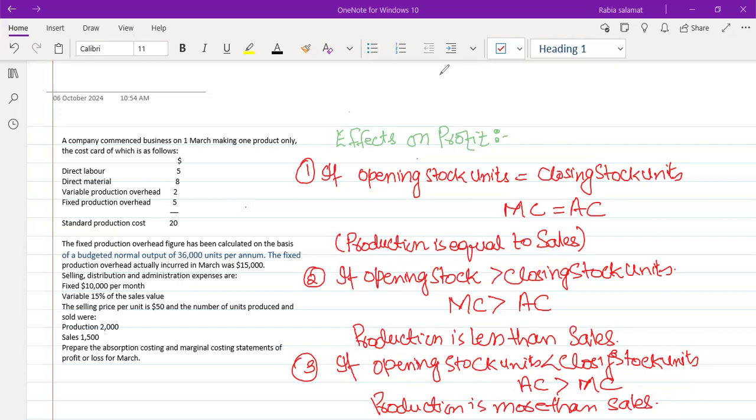Now, how will we reconcile the profit of marginal and absorption costing? If one costing profit is given in the question, you can calculate the second costing profit using reconciliation of profit.